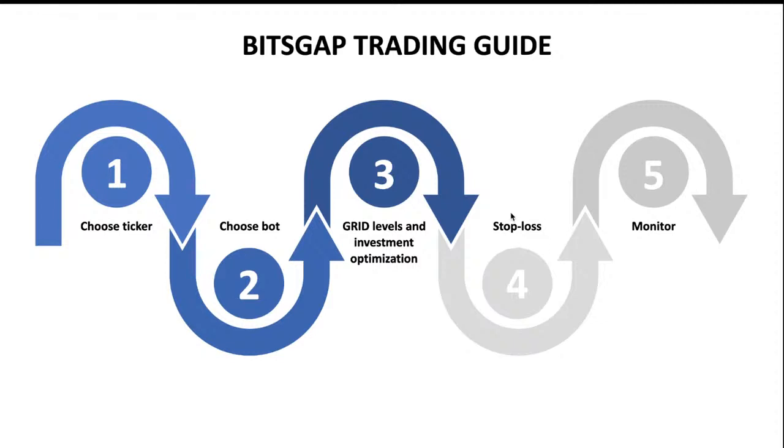Set the stop loss if you want. That's the basic principle of risk management. Set the trading up function if you want to follow the price appreciation and you want your trading range to follow the price action, and simply monitor the market.